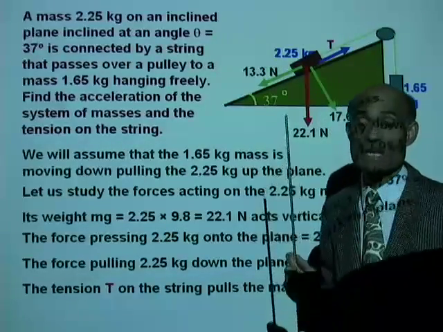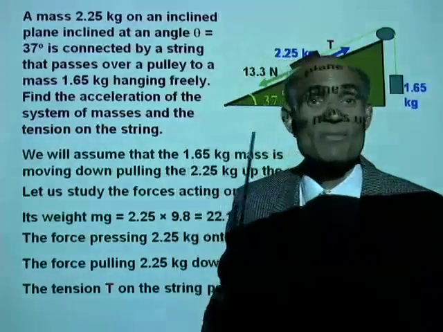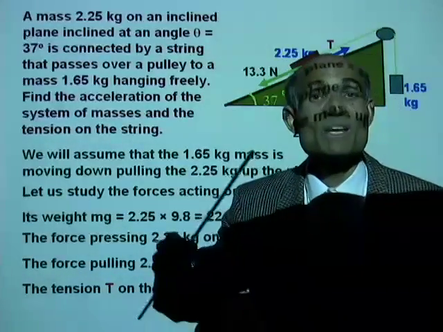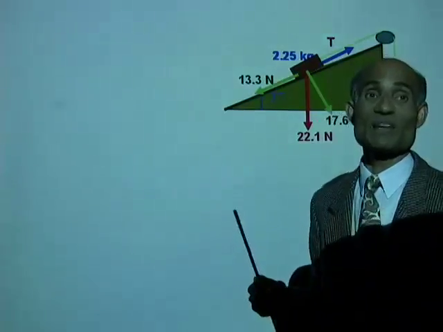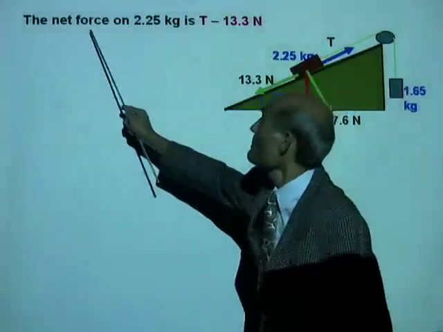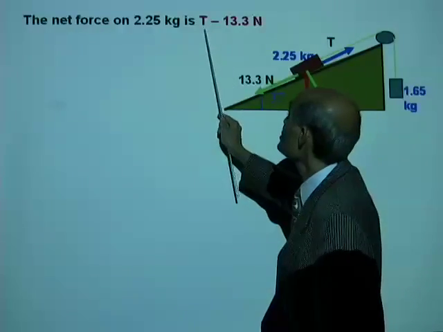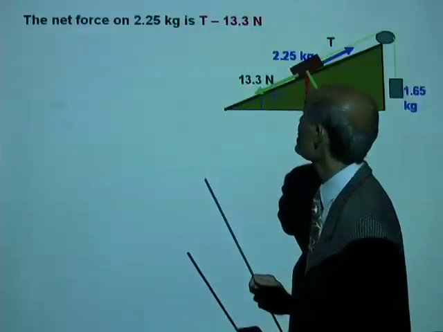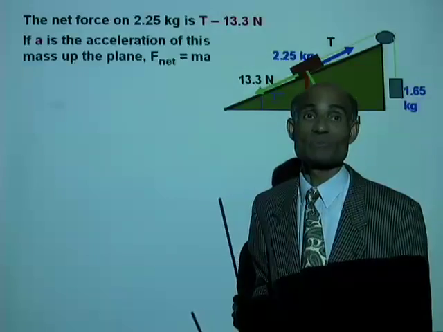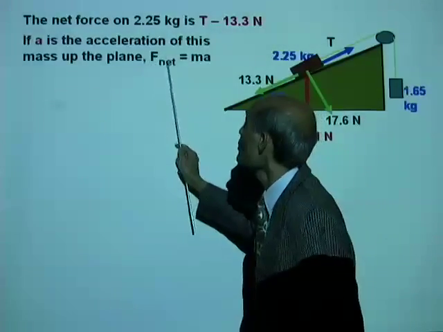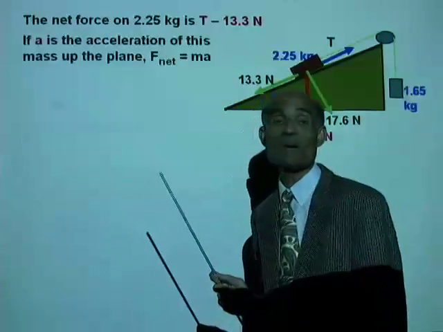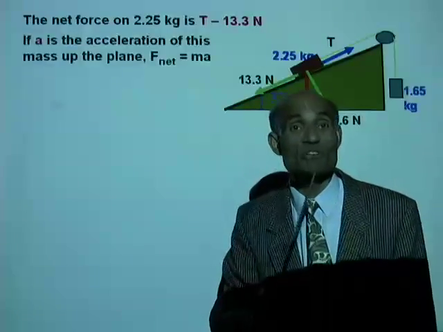That is the net force, and that net force must be equal to mass times acceleration. So the net force on the 2.25 kilogram is T minus 13.3 Newton. And that net force must be equal to MA, and we have our first equation.